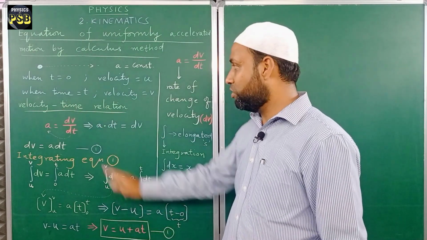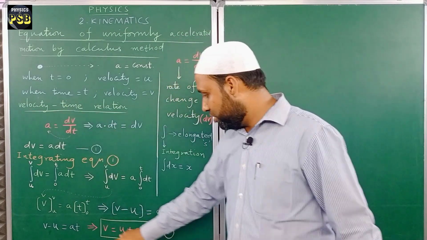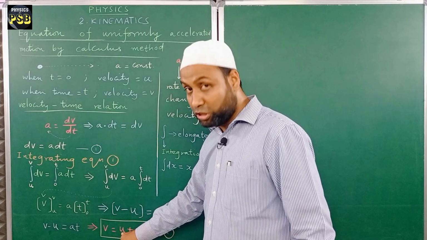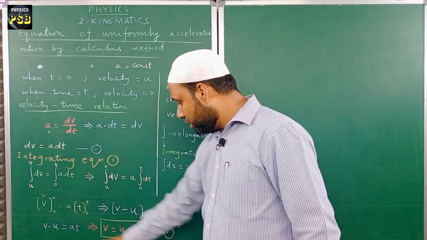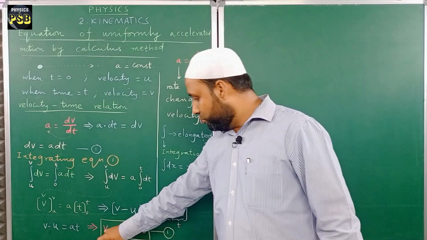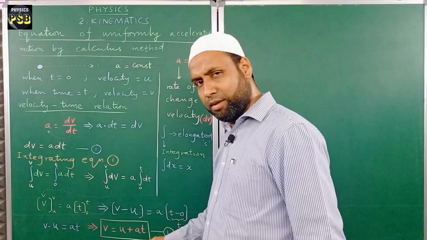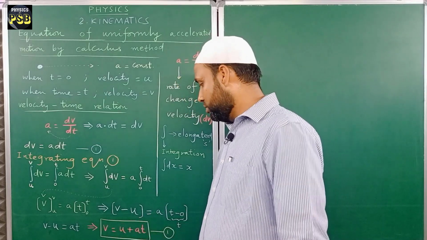This equation represents the relation between velocity and time. You can see here we have v. It stands for final velocity, u stands for initial velocity, and here t stands for time. So this gives the relation between v and t. Also we have a here. Okay, this is called the velocity time relation.